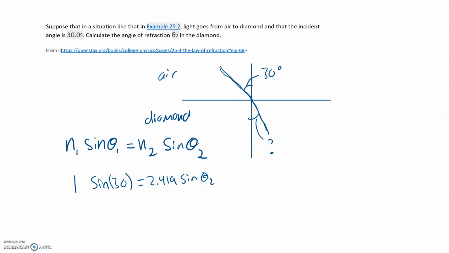Now we can solve that. Sine 30 times 1 divided by 2.419, and then the inverse sine, and we get the second angle, or the angle of refraction, is 11.93 degrees. And that basically is what Snell's law, or the law of refraction, is.